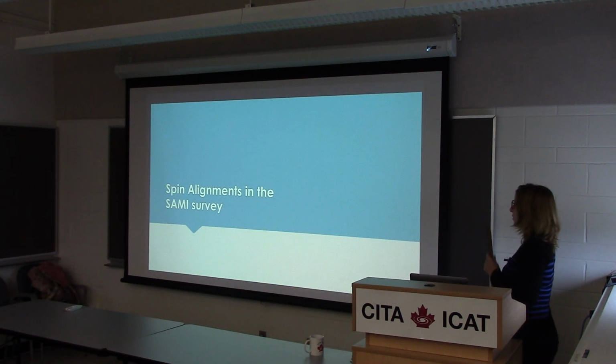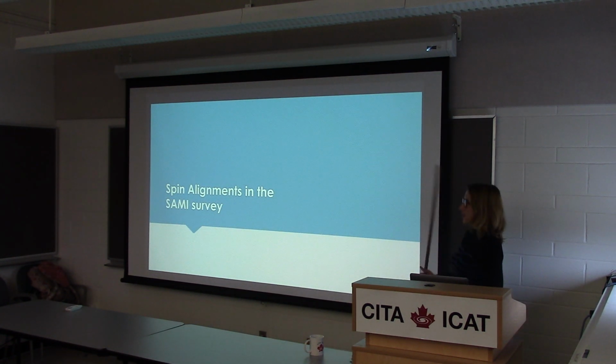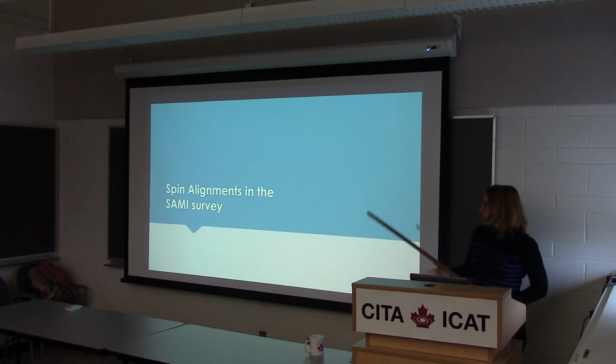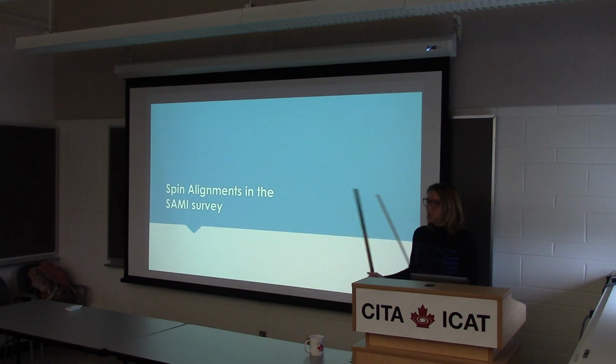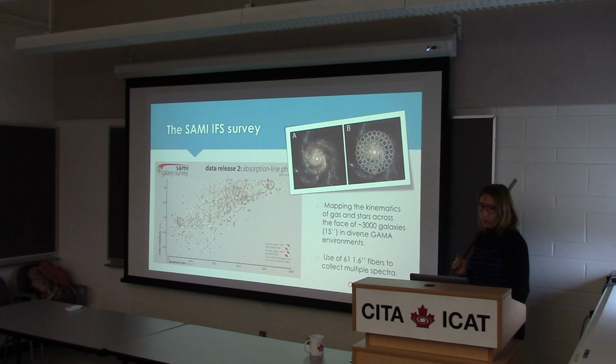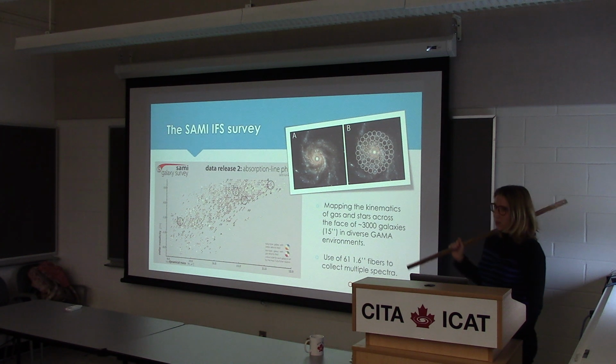So let's focus first on the spin alignments in observations. The observations I use are from the SAMI survey, which is an integral field spectroscopy survey performed on the AAT, the Anglo-Australian Telescope in Australia.